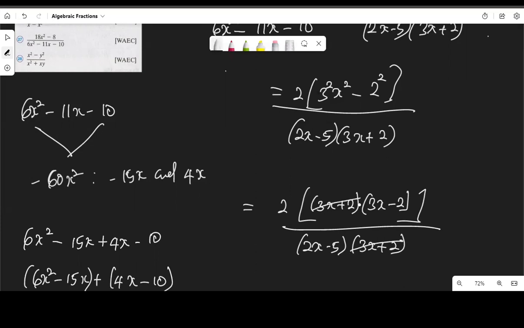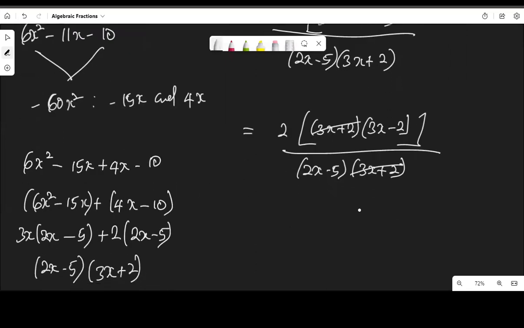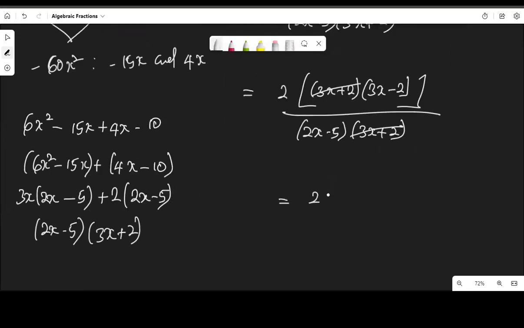So this 3s plus 2 can cancel this. I will therefore be left with 2 times 3s minus 2 over 2s minus 5 as my final answer.